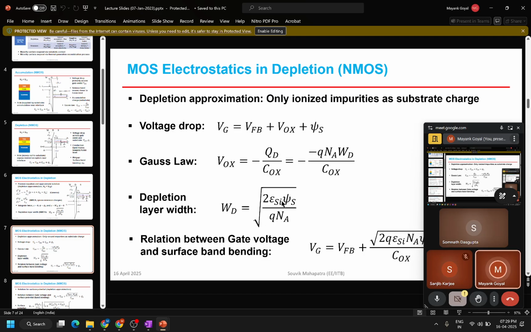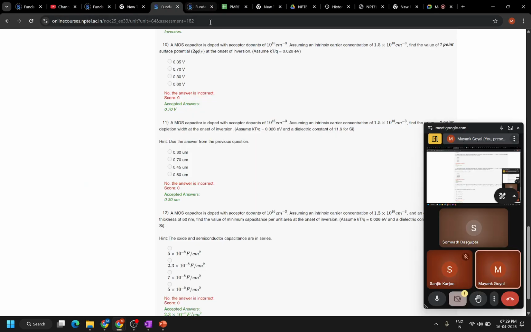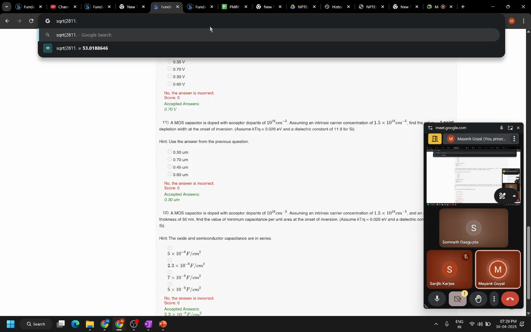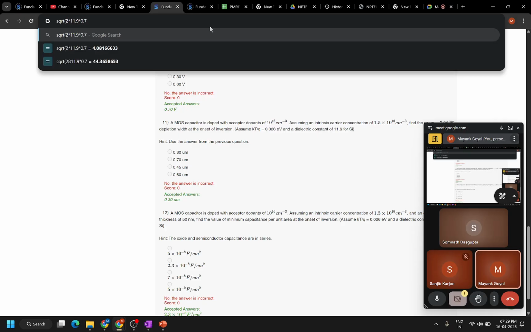Epsilon si is given as 11.9, and Na is given as 10 power 16. So that will be square root of 2 into 11.9 into 0.7 divided by 10 power 16.